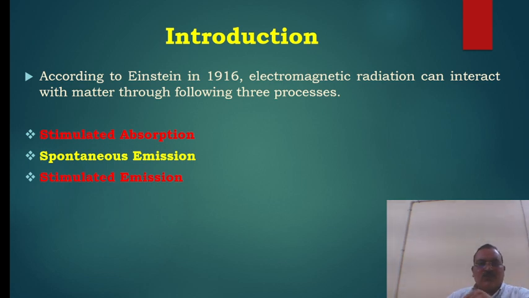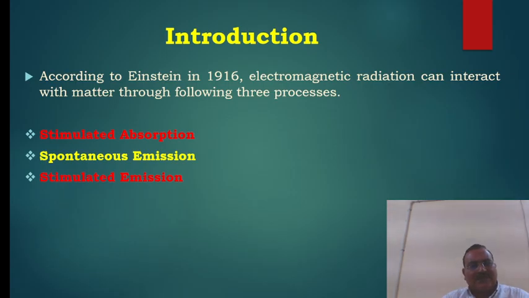Okay, so if I want to move further, then in the introduction part, the whole theory related to stimulated emission of radiation was framed by a well-known scientist, Einstein, in 1916. He observed that electromagnetic radiations can interact with matter through the following three processes.